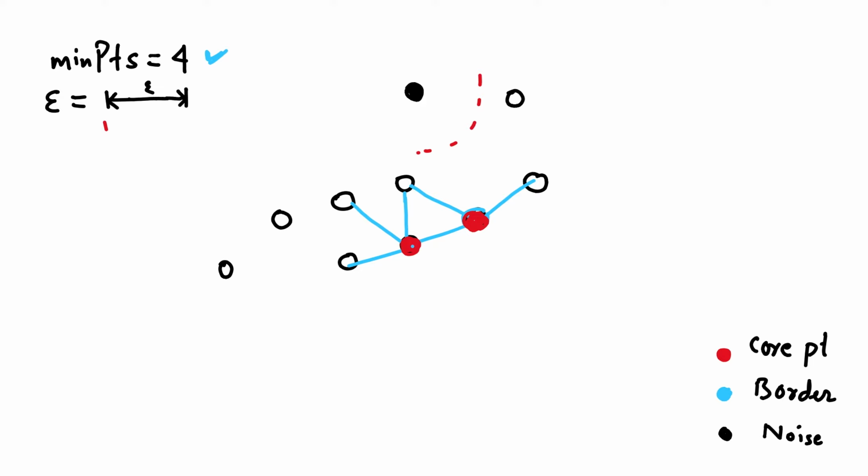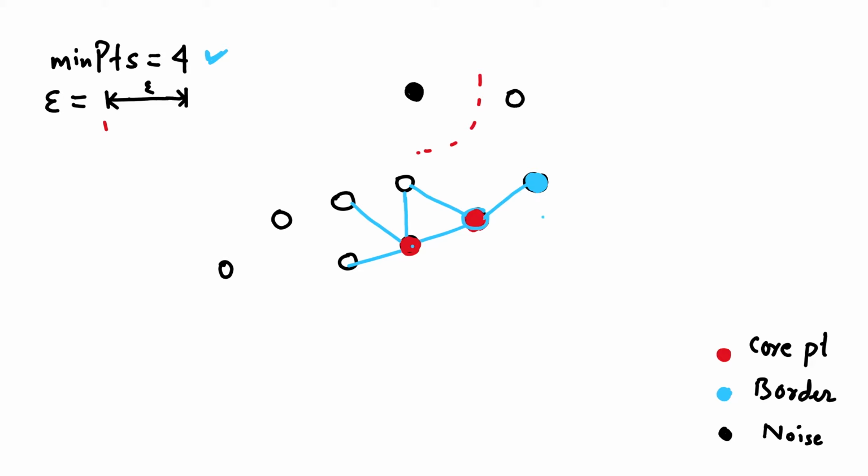Now we will expand one of its neighbors, let's say this one, and it's not connected to anything except this point. So its density is just 2, this point and this point. So we will label it a border point, and this is a core point.